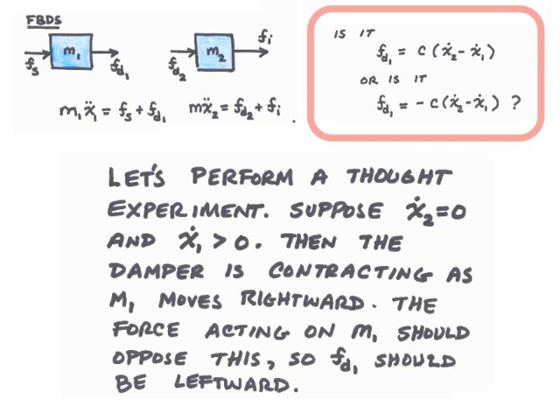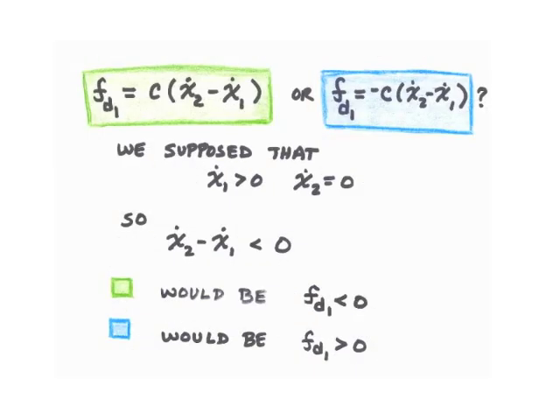Would it be FD1 equals c times x2 dot minus x1 dot, or would it be FD1 equals minus c times x2 dot minus x1 dot? Now recall for our thought experiment that we supposed that x1 dot was greater than 0 and x2 dot was equal to 0.